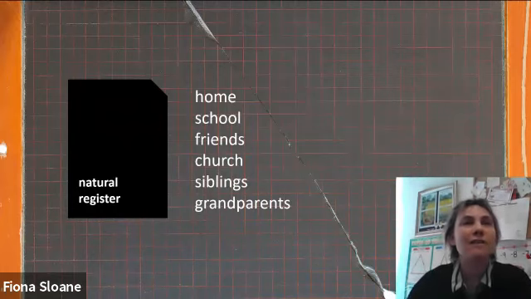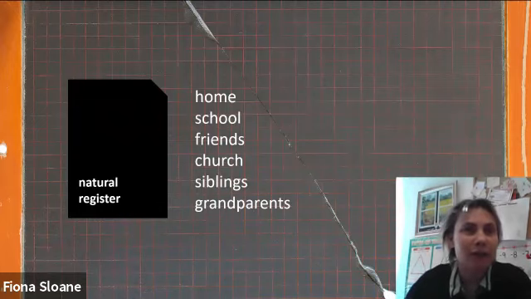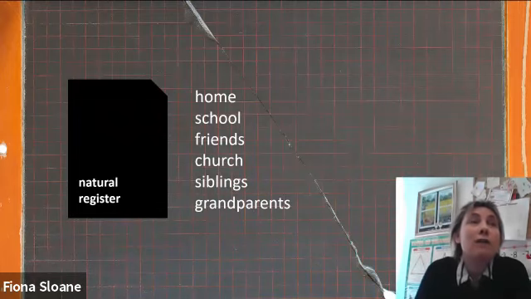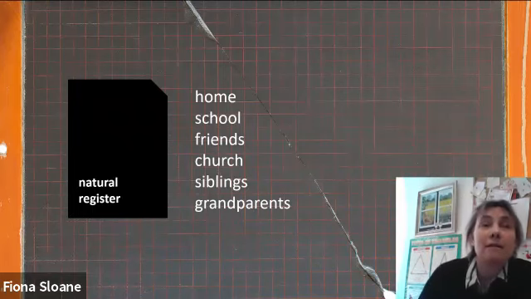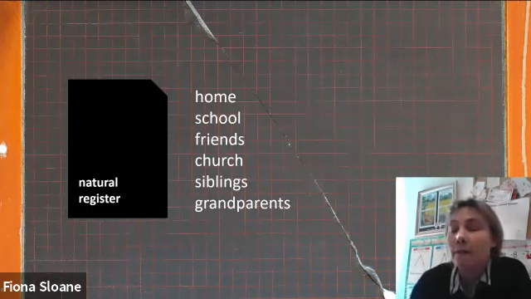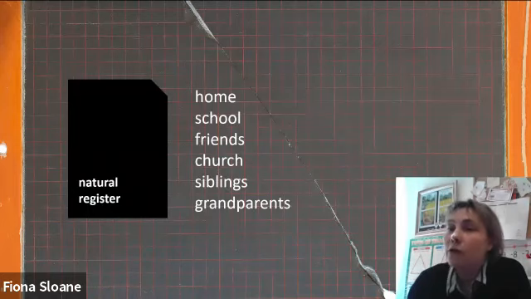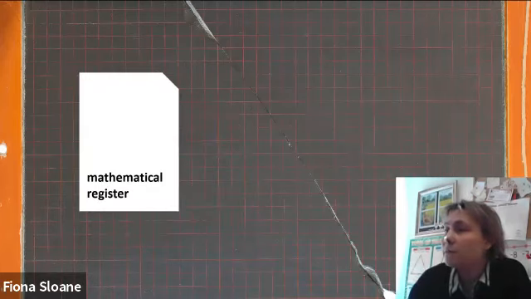So we all have different registers that we feel more comfortable with, but every child will know that there is a way they speak to one person and a way that they don't speak to someone. So to just say, oh, that isn't for me, that's not true. It's a natural part of our linguistic development.